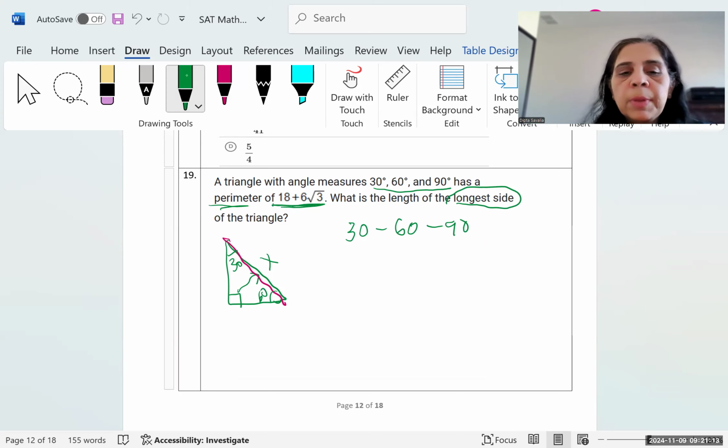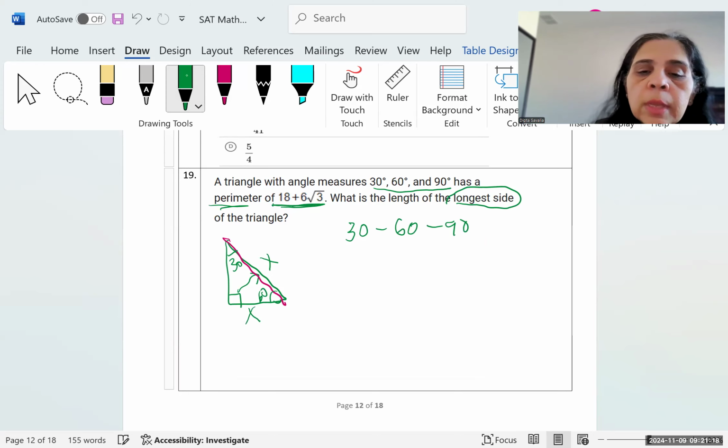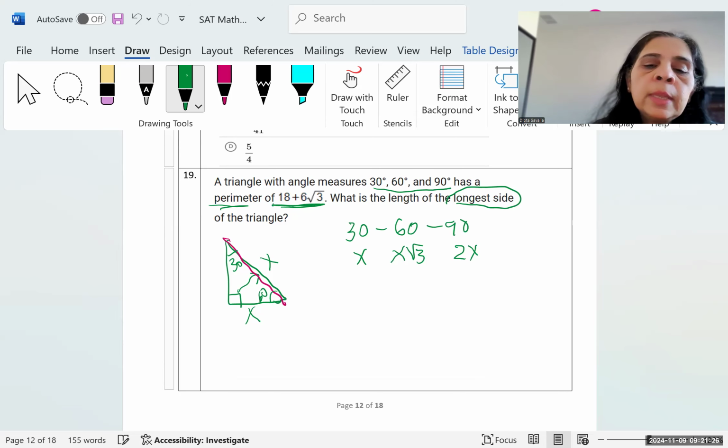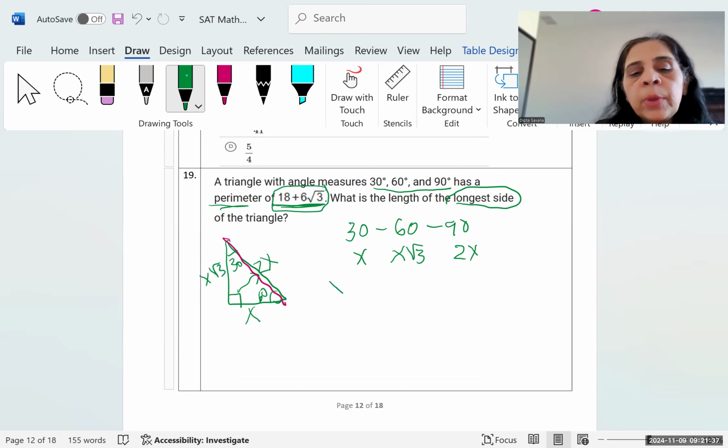That sum is the perimeter. So opposite of 30 is x, opposite of 60 is x square root 3, and opposite of 90 is 2x. If I add all these side lengths, the perimeter is 18 plus 6 square root 3. So we can write an equation from here.